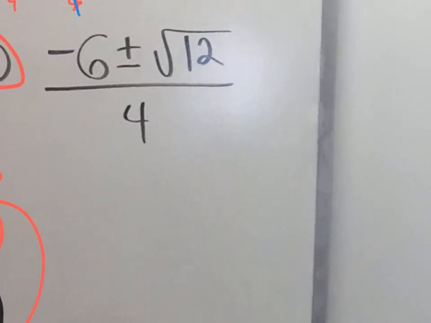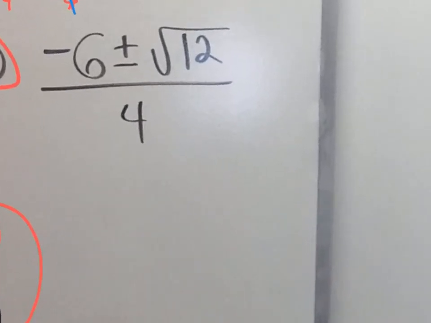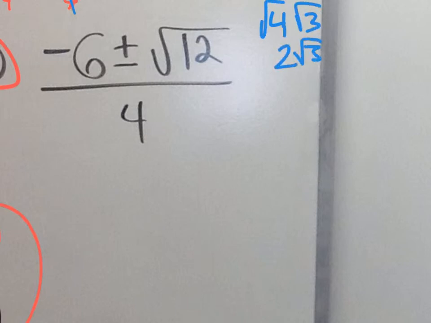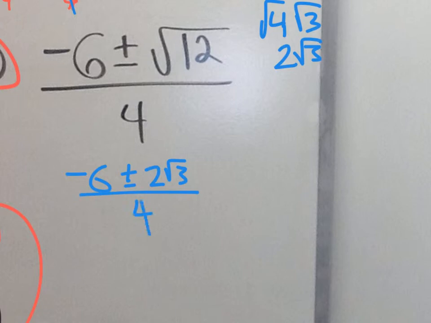This next one, again, we want to rewrite the square root of 12. Square root of 12 could be rewritten as 4 times 3, and when you split that root, you'll get 2 square root of 3. So I want to have negative 6 plus minus 2 square root of 3 over 4.